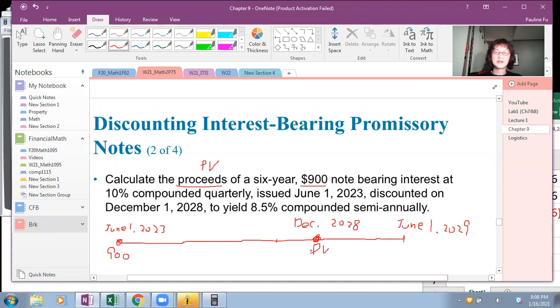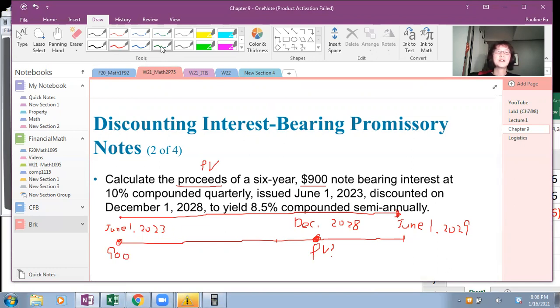That is the question. So there are two steps. Step one, from here to here: when you have 900 as present value, you can calculate the amount, the value here.